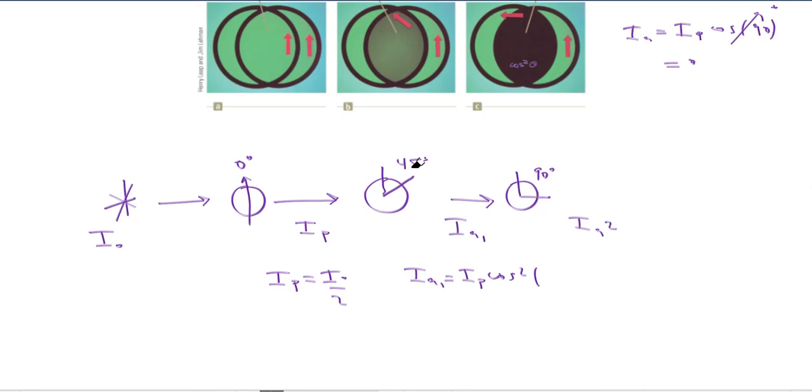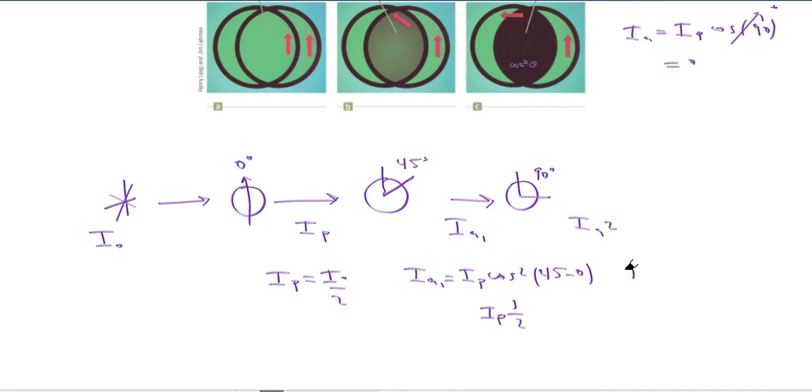Here the difference is 45 degrees, because the polarizer was at 0 and this filter, the analyzer, is at 45 degrees, so 45 minus 0 is 45. The cosine of 45 is the square root of 2 over 2, and when I square that, I get 1/2. So this is just I_P over 2.